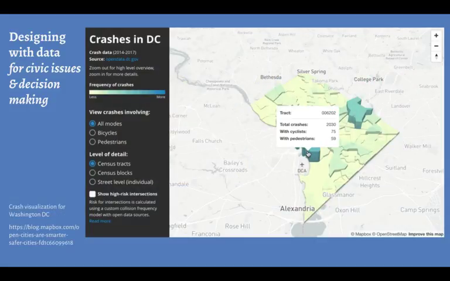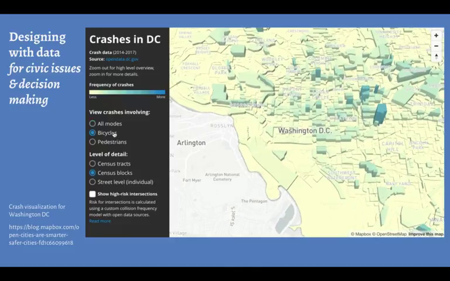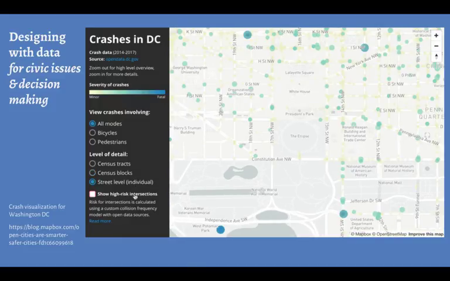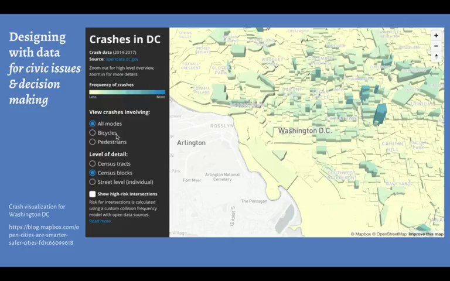So here's another project that I worked on very recently. This was done for the Washington DC government, and we looked at the traffic fatalities in Washington DC. We tried to visualize it at three different levels. So you could look at a zoomed out view of the city. You could see which parts of the city have the most accidents. So you can see the central part gets the highest number of accidents.